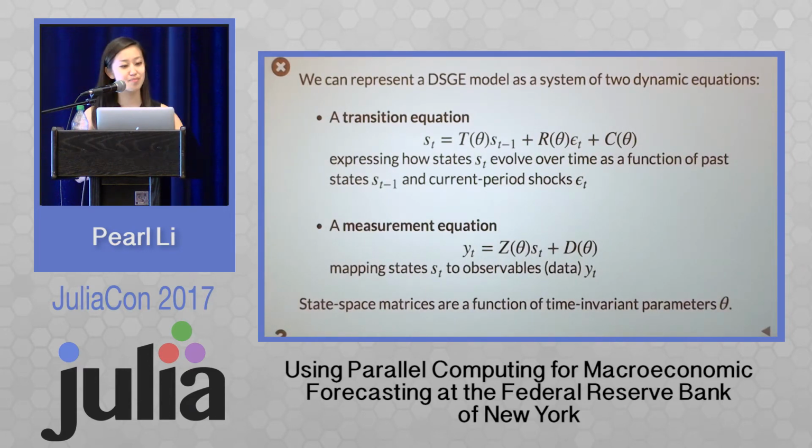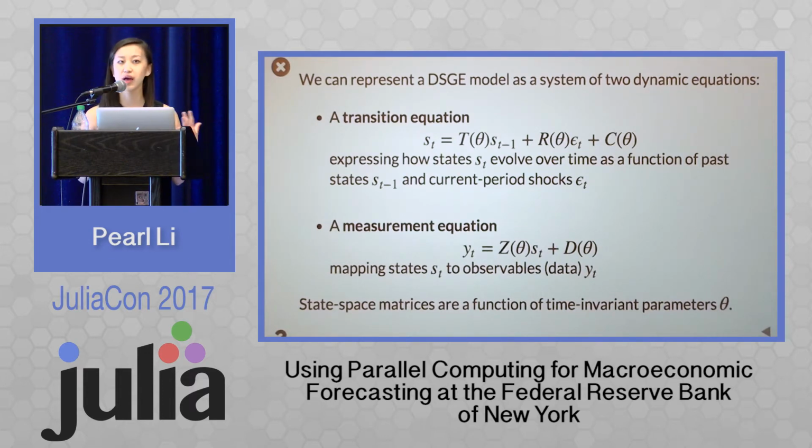This is a big slide, but basically we can represent a DSGE model as a system of two dynamic linear equations. The first one is what we call a transition equation, which maps a time t-1 vector of latent or unobserved states to a time t vector of states, and we also incorporate shocks that hit at time t.